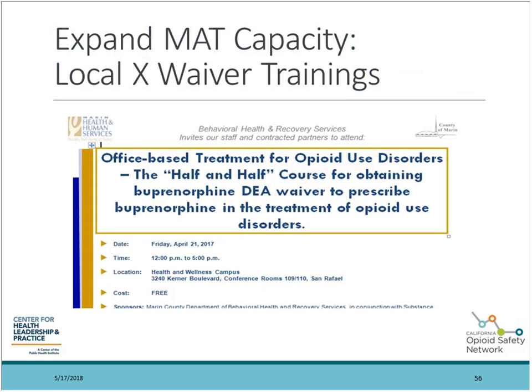This is something that many coalitions have subject matter experts in their communities that can actually hold the trainings. The half and half, which is 4 hours of on-site and then 4 hours of internet training, seems to be one of the most painless and most efficient ways of helping our providers obtain the X waiver. We want to make sure that we're not overly optimistic in terms of our assumption that an X waiver provider will actually begin prescribing.